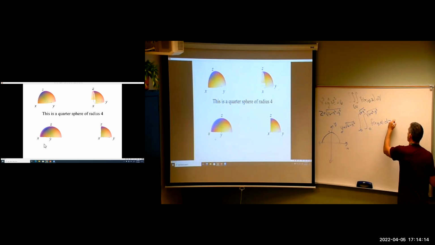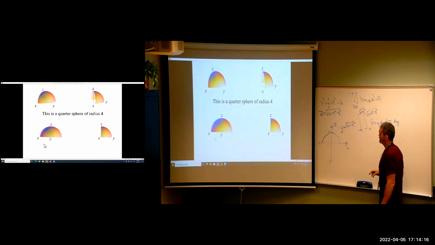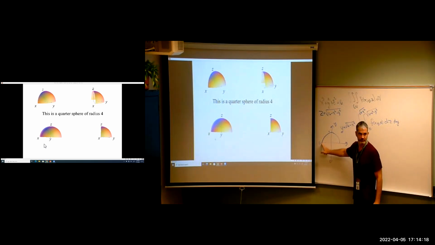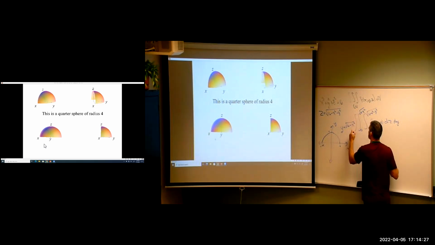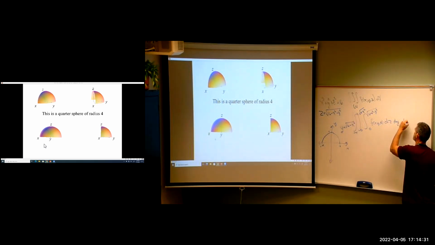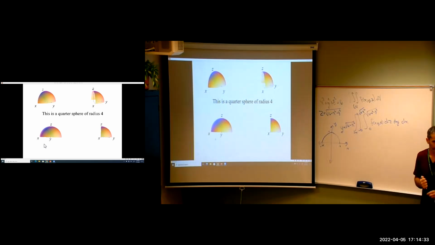That takes care of dy. X, not so bad, goes from the negative radius over to the positive. Radius is 4, so it goes from negative 4 to 4, and there's our dx. Questions about that setup?